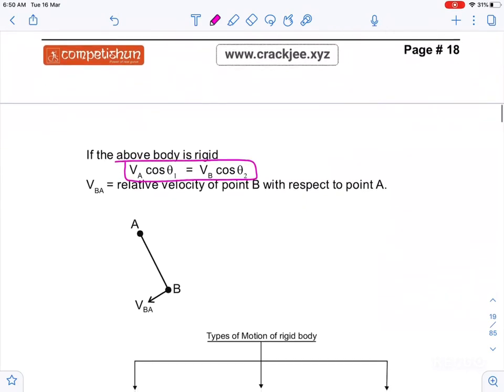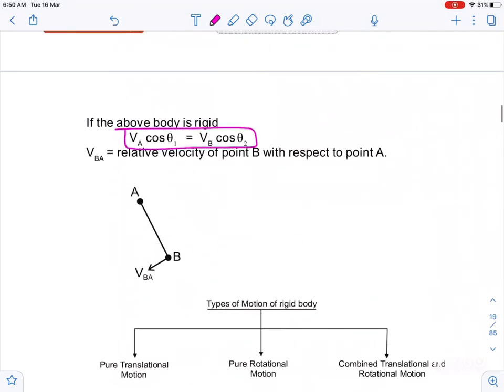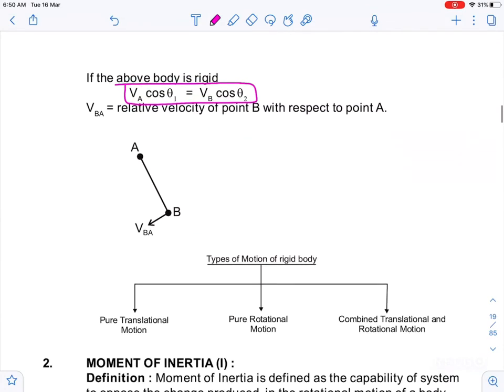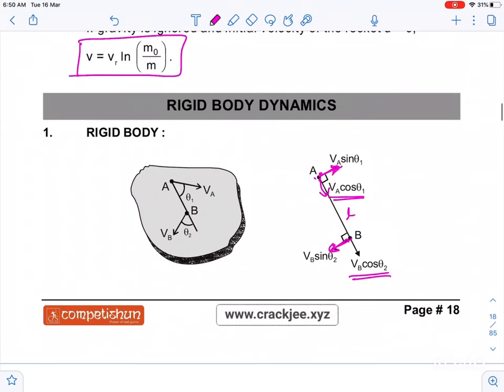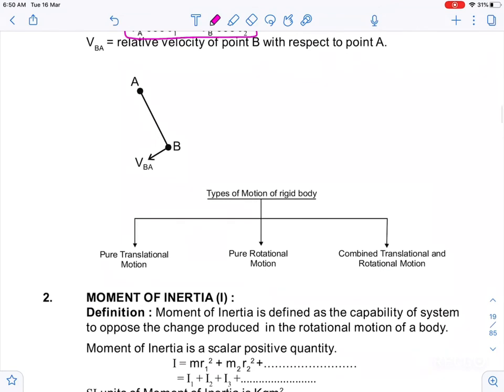So va cos theta 1 equals vb cos theta 2. If you have to calculate omega, this velocity minus this velocity upon this separation, let it be L. So omega is equal to va sin theta 1 minus vb sin theta 2 upon L.